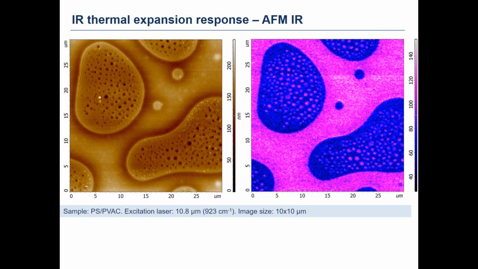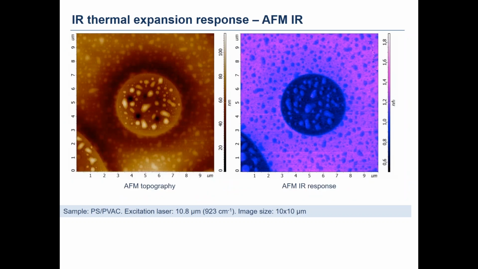This is another example, just to zoom in of the same sample, that also demonstrates that we can make these capabilities, but these techniques that measure the mechanical response of the cantilever and the thermal expansions are quite limited in both the type of samples and the sample thickness.